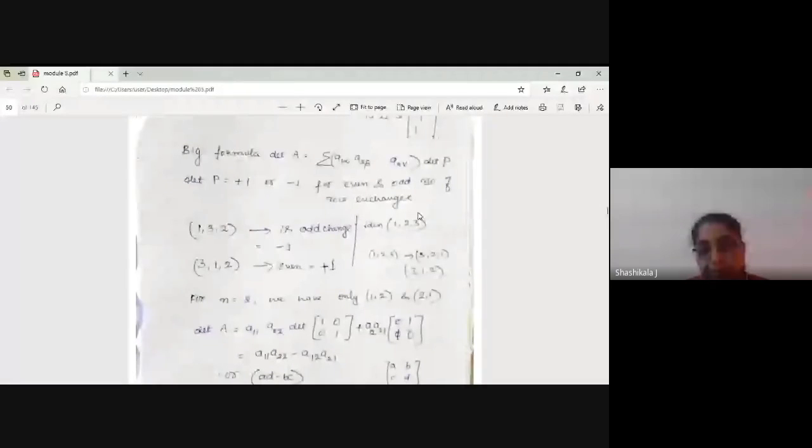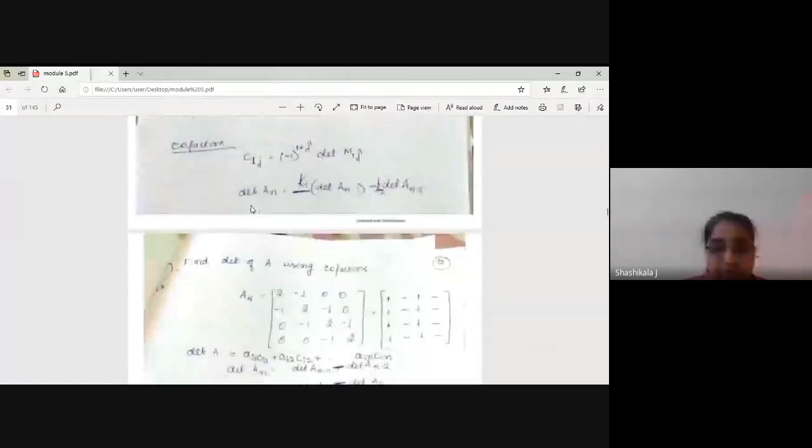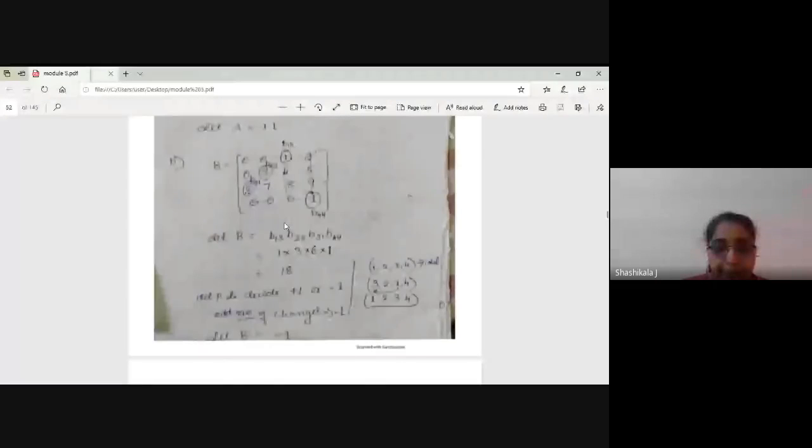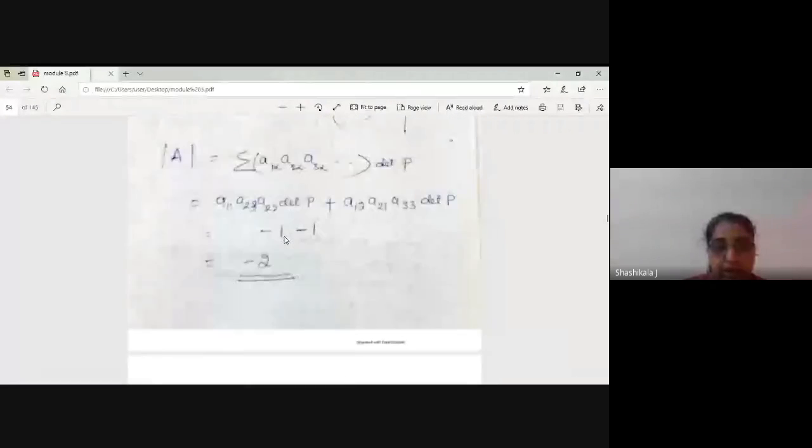If there is an odd number of changes, then it is minus 1. If there is an even number of changes, then determinant P will be equal to plus 1. Okay.